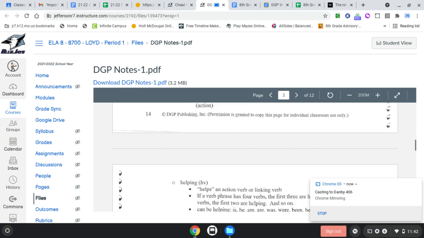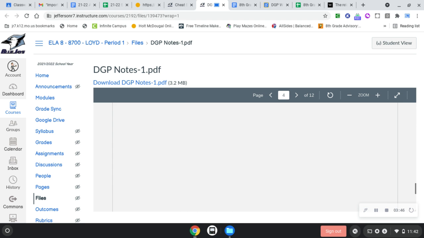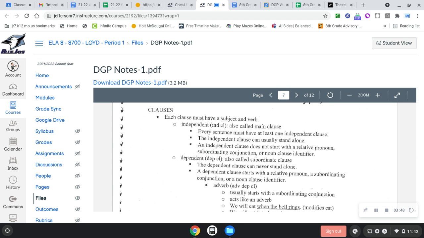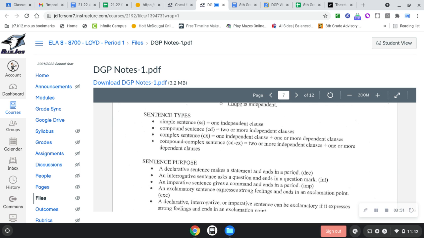So in this case, I have to go down to Wednesday. There, sentence types. Simple sentence, one independent clause. Compound sentence, two or more independent clauses. Complex sentence, one independent, one or more dependent clauses. Compound-complex sentence is two or more independent clauses plus one or more dependent clauses.